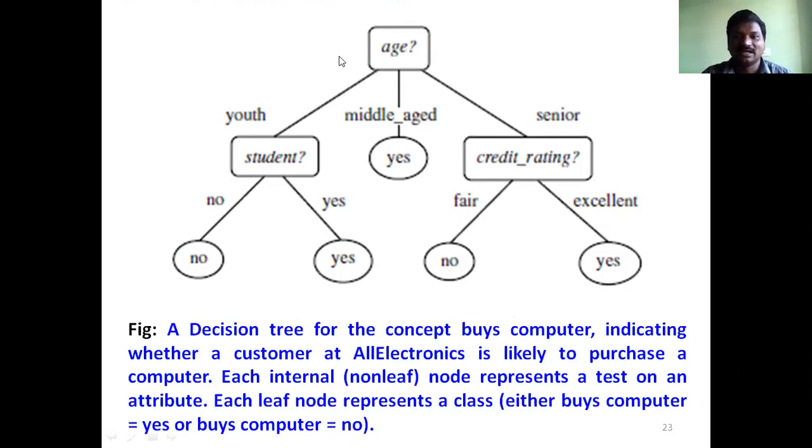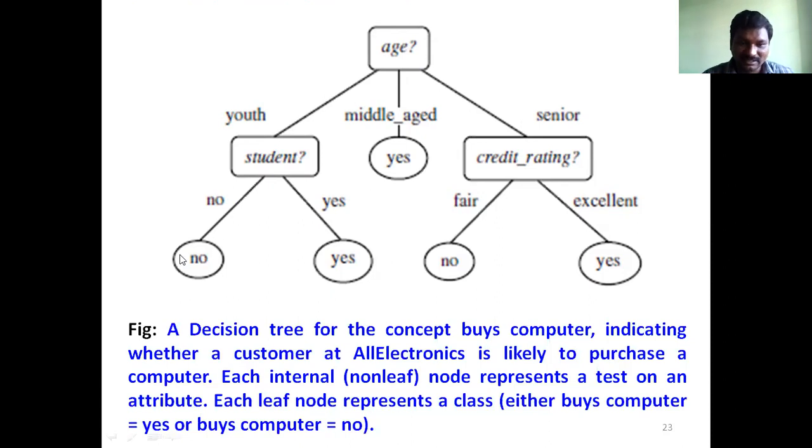The internal node tests an attribute. For age equal to youth, you then come to student. Is he a student or not? Here he is not a student.